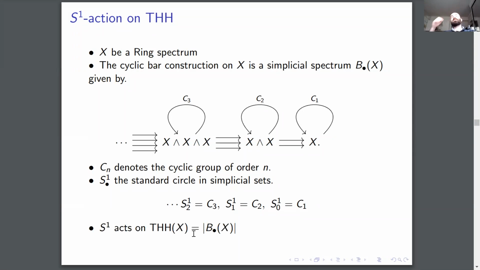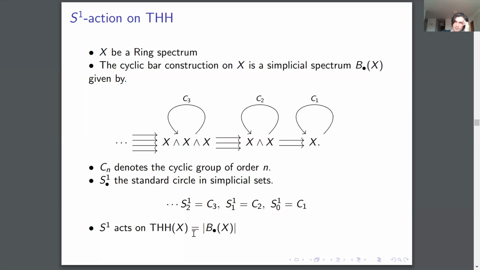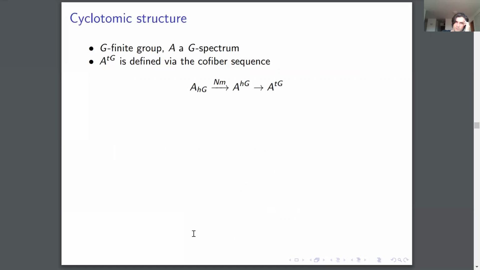So THH is always an S^1-equivariant spectrum. So here, do you think of S^1 as Delta^1 divided by the boundary? Like a quotient of... Yes. Okay, so there's this structure on THH. There's even more structure that is exploited to define topological cyclic homology. If G is a finite group and we have a G-spectrum, then there is what's called a norm map from homotopy orbits to homotopy fixed points.